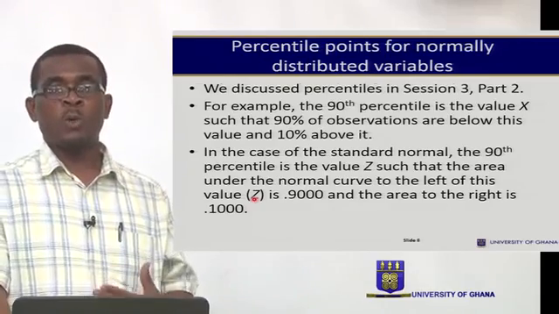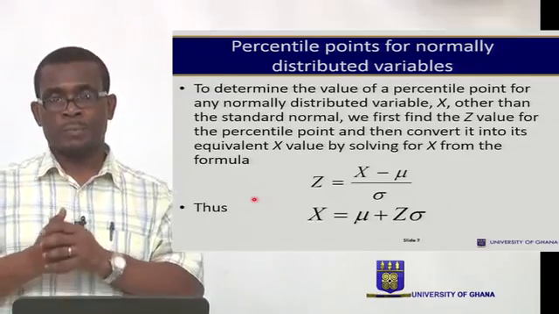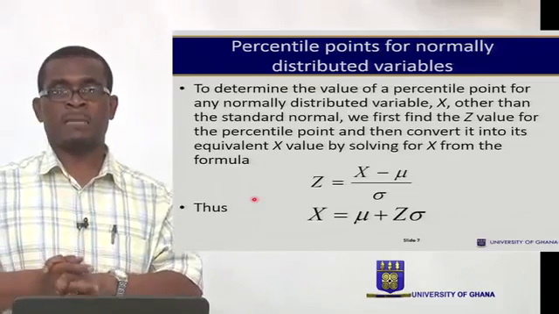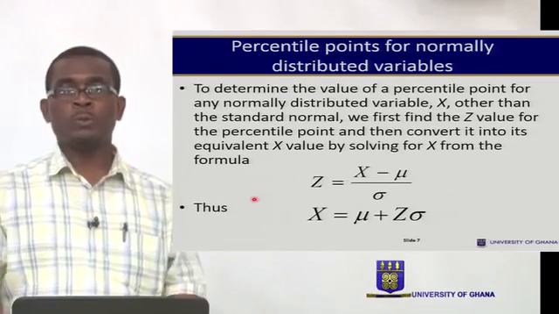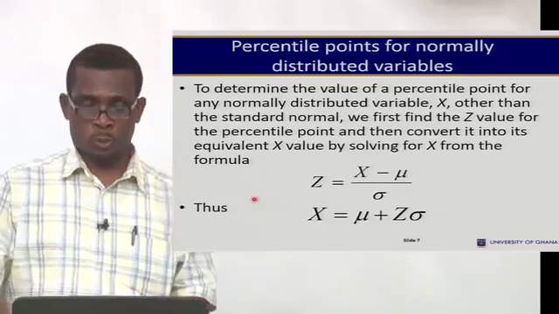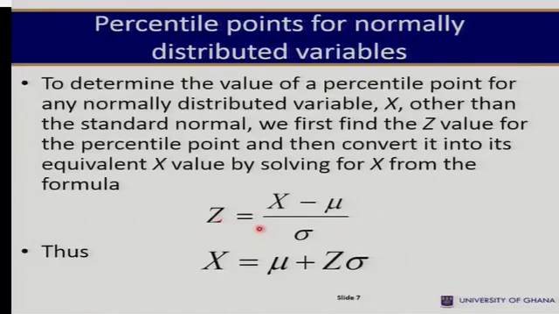So once you know the percentile you are interested in, all we do is to use this formula. If you want to determine the value of a percentile point for any normally distributed variable, for example x, other than the standard normal, all you need to do is to find the z value that corresponds to that percentile.